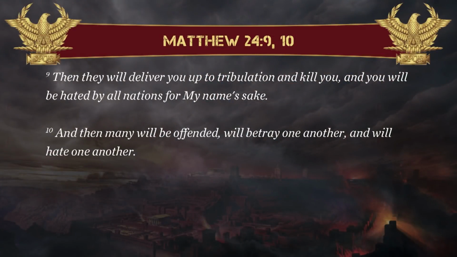Now, let's notice Matthew 24, verses 9 and 10. This verse says, "Then they will deliver you," once again, the followers of Jesus, "up to tribulation and kill you. And you will be hated by all nations for my name's sake." So those who are being persecuted, they're Christians because they have the name of Jesus.